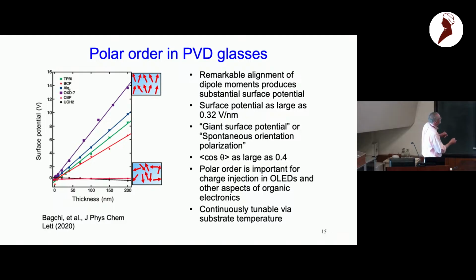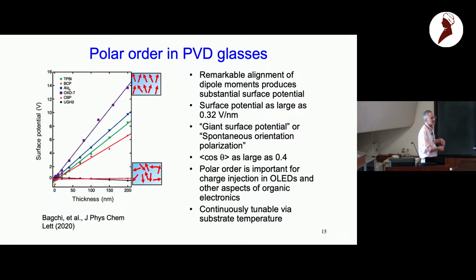And so I've indicated that schematically here. What's shown here are 7 different molecules. As a function of thickness, this is the surface potential. So the surface potential is a direct measure of how much dipole orientation there is in the film. People that do surface physics report surface potentials of a few millivolts and are analyzing that.